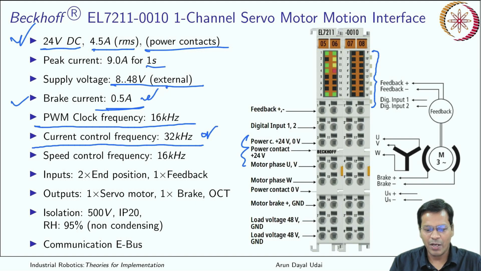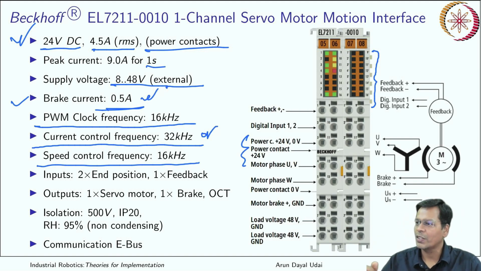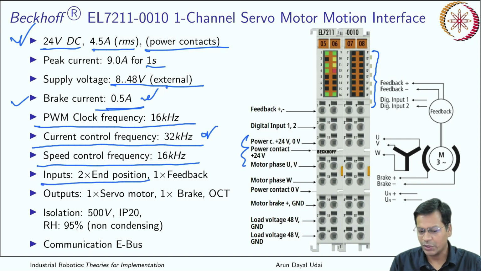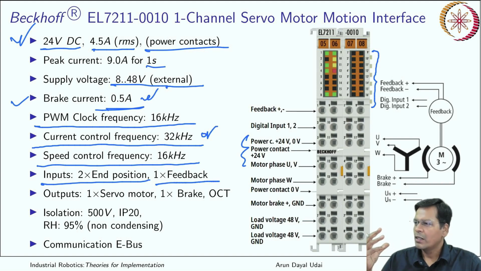Speed control is 16 kilohertz, and current control is 32 kilohertz. As an input it can have end position so that it can stop at the extremes. It can have one feedback from the encoder or maybe a resolver.